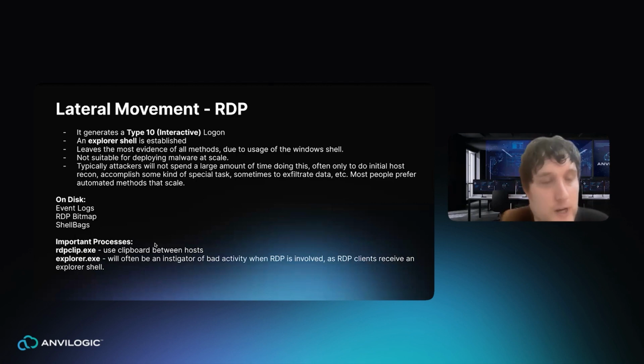And if you see explorer.exe doing bad stuff, most of the time you can assume that it involves an Explorer session, unless there is something like process injection or DLL injection into Explorer, which happens, but not as much as Explorer simply doing bad things. And also, you might see rdpclip.exe. It can be used to move files and data between the RDP session. So if you see that, that's what that is.